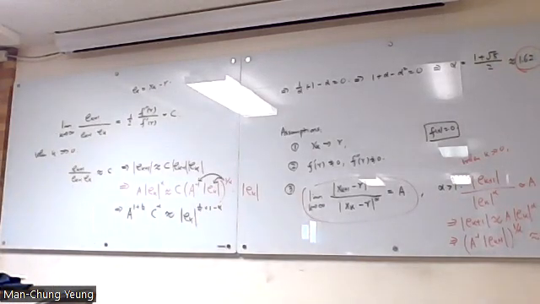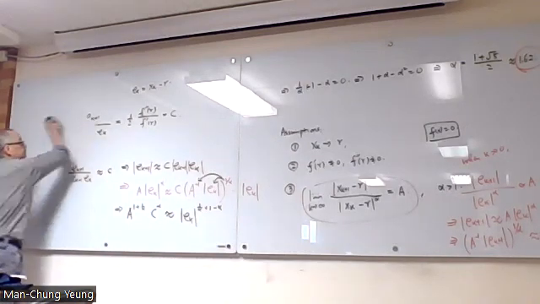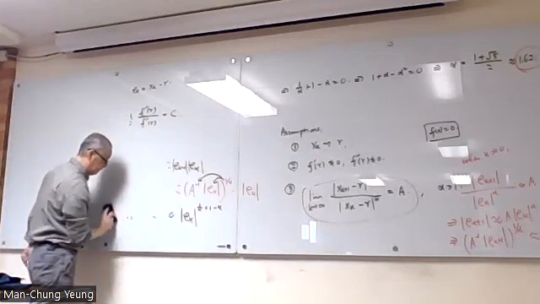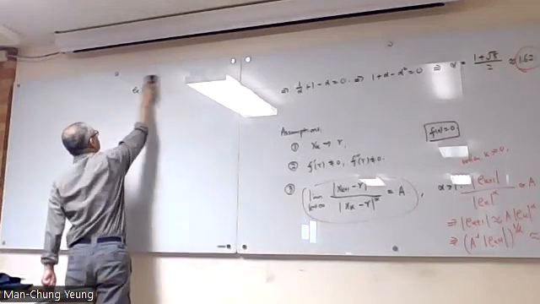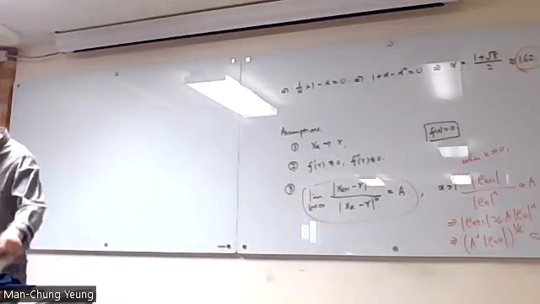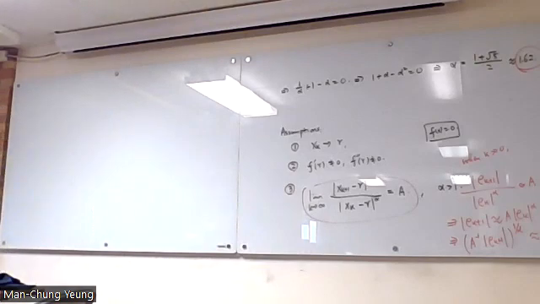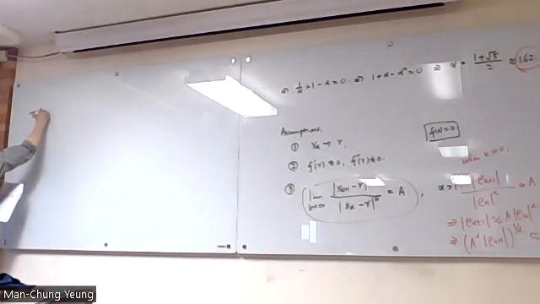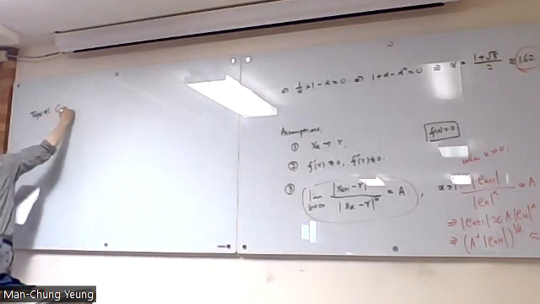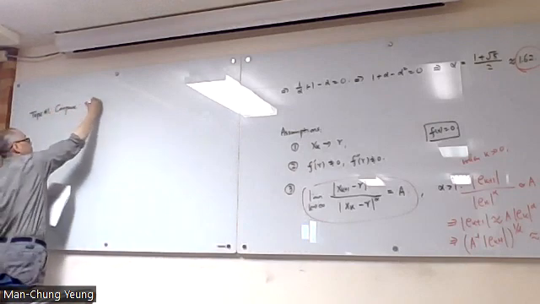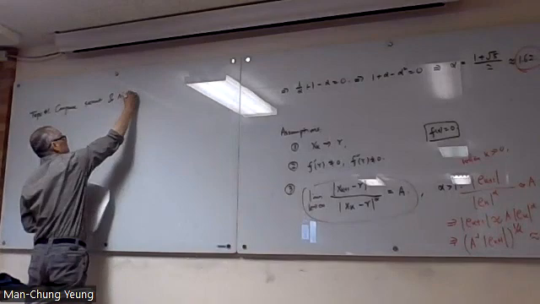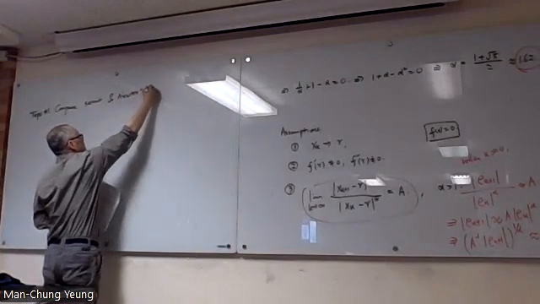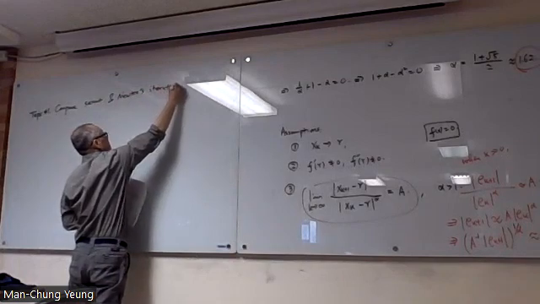Okay. Let me erase. Topic 1 today: compare the secant method, secant iteration, and Newton's iteration.